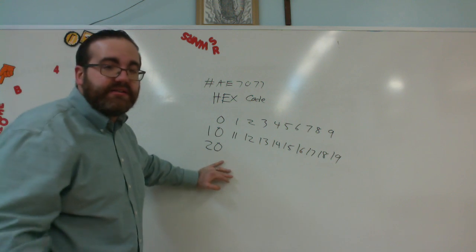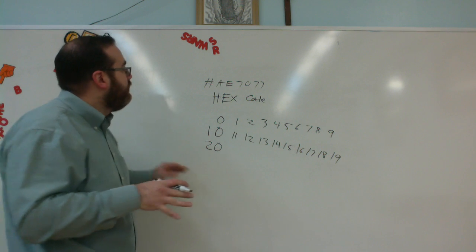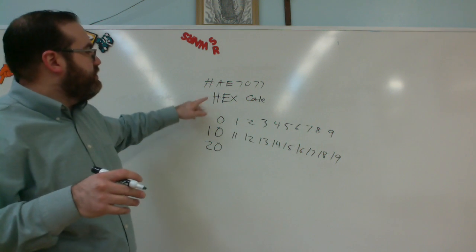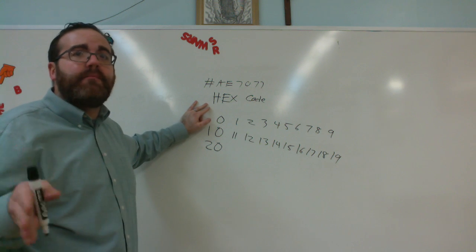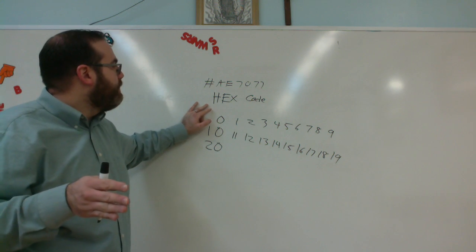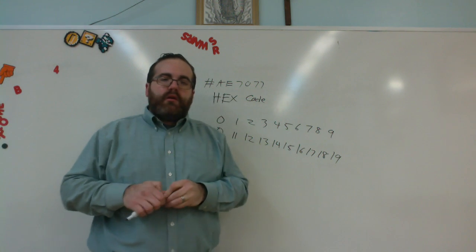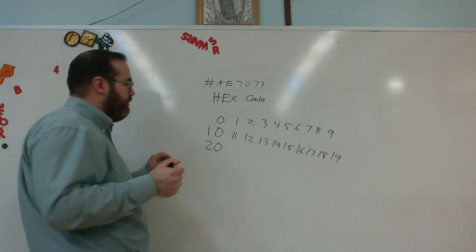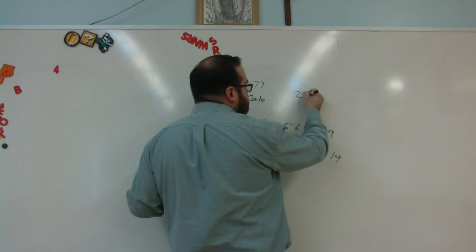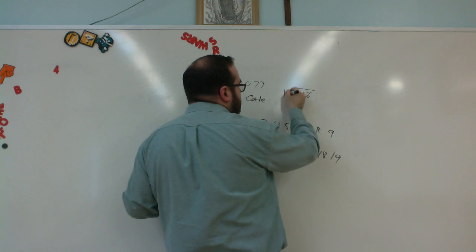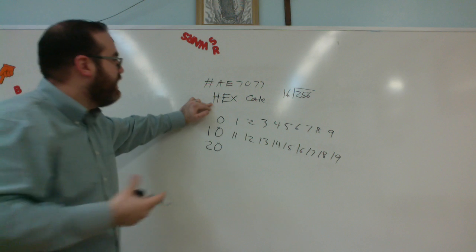The problem is the way we want to get these numbers down is a little bit different because hexadecimal is not in base 10. Take a look at what it's got. It's got some letters in it. If we were to take 256 and divide it by 16, which is what base a hexadecimal is.